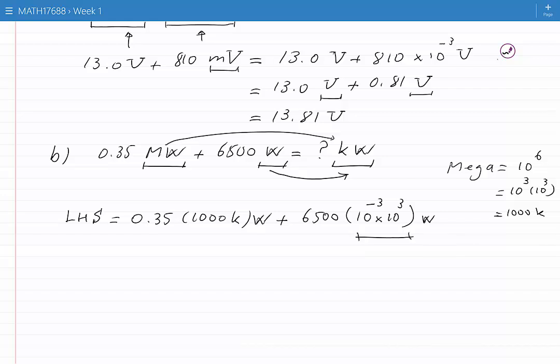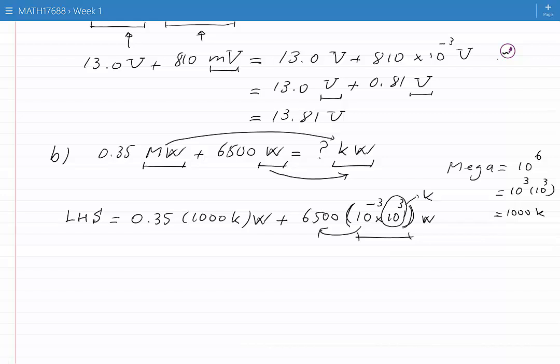So altogether, this expression inside the curly bracket has not changed the actual value of the quantity. But the advantage of doing this is that now I can consider 10 to the minus 3 with 6500, and instead of 10 to the power of 3, I can write kilo.